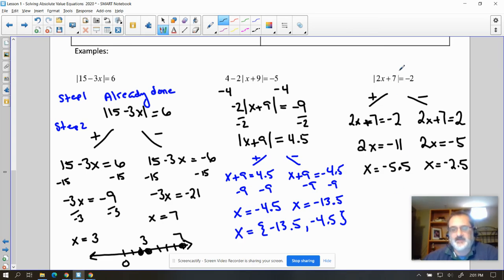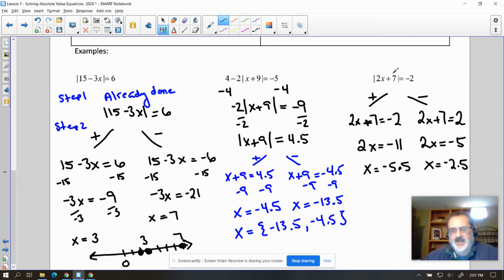Because let's think about it for a second. Whatever value I put in for x, it's never going to equal negative 2 if I take the absolute value of it. So let's say I put in negative 5.5 for x. This is negative 11 plus 7. Negative 11 plus 7 is negative 4.